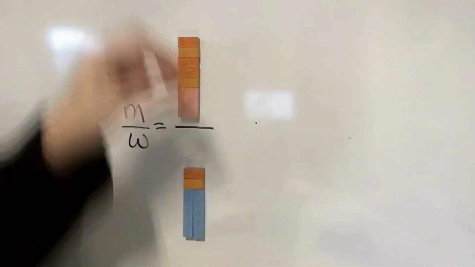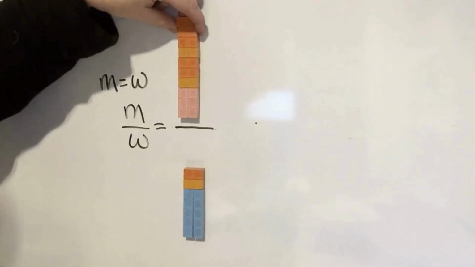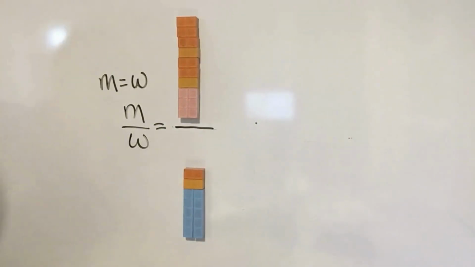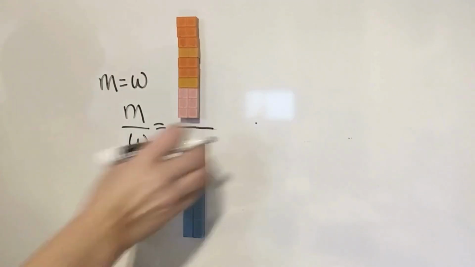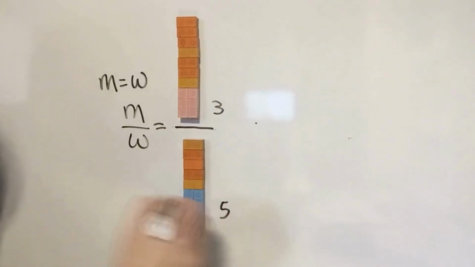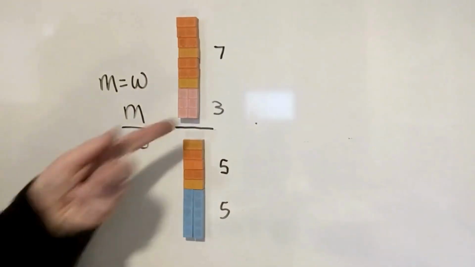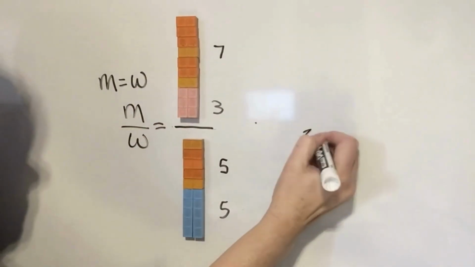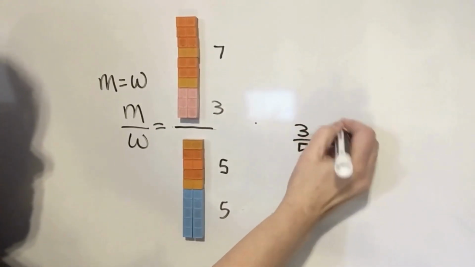So we can just go up here all the way, 1, 2, 3, 4, 5, 6, until we hit 7. And then just down here, do the same thing until we hit 5. So now, right here, you've got 3 to 5. And right here, you've got 7 to 5. So the 3 to 5 is the same as 6 to 10.